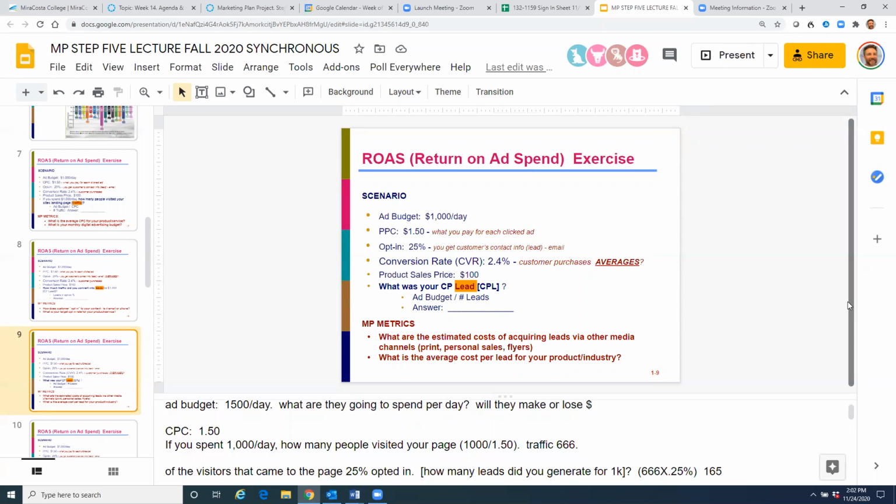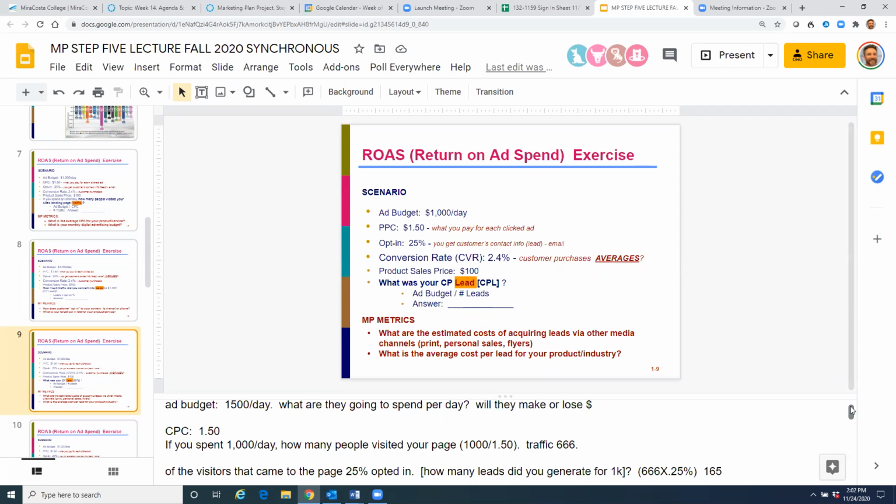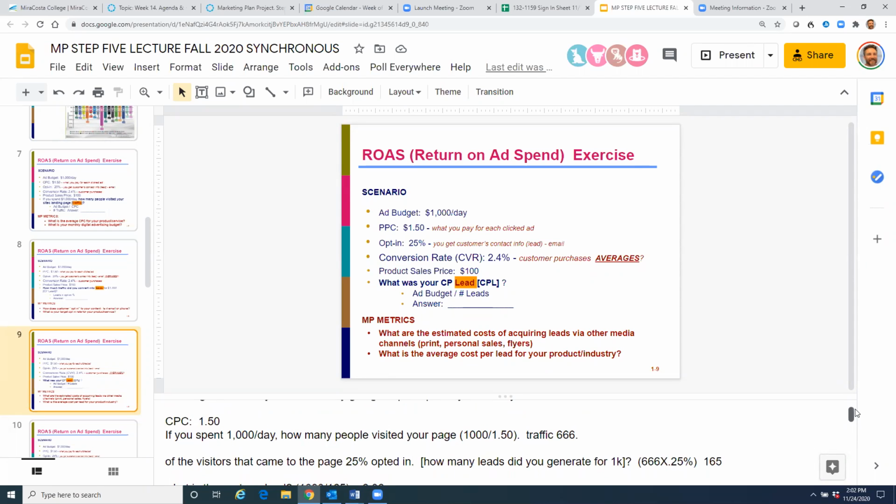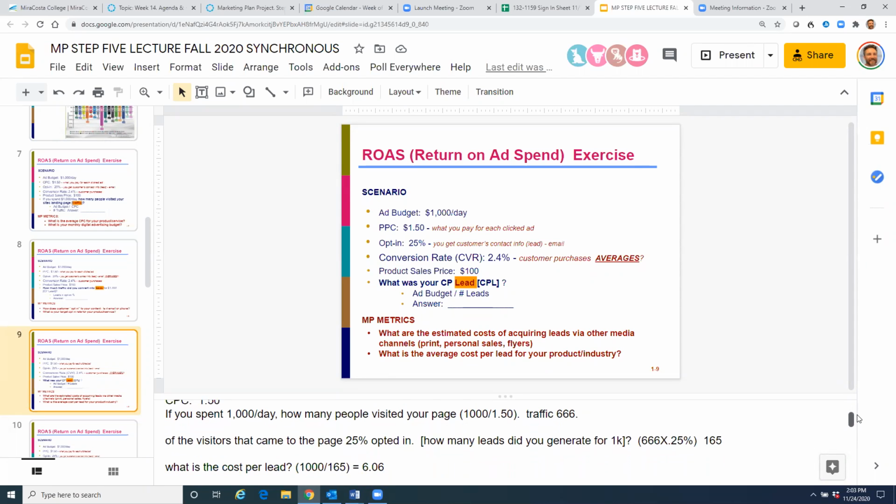Take $1,000 and divide it by 167. I'm seeing 5.98. I think I ran my number based on a different figure originally, but we can just round it to about $6 cost per lead.